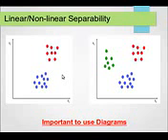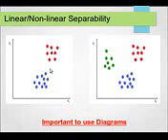We measure height and weight, and let's assume that we plot height and weight against each other in this 2D diagram, where weight is the y-axis and height is the x-axis, and the red dots are males and the blue dots are females. Now you can see that we can nicely draw a straight line that perfectly separates the two categories or the two classes. This data is said to be linearly separable.